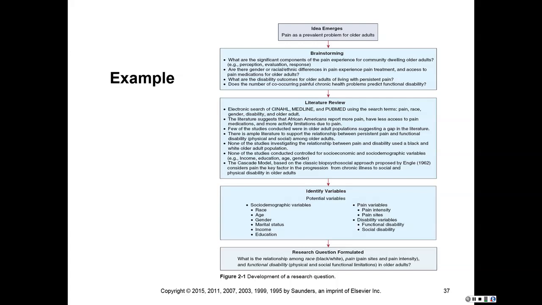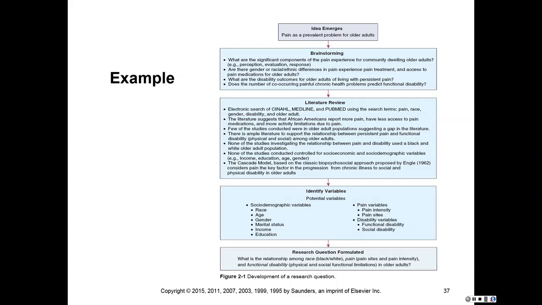There is an ample literature to support the relationship between persistent pain and functional disability. None of the studies investigating the relationship between pain and disability used a black and white older adult population. None of the studies conducted controlled for socioeconomic and sociodemographic variables. And the cascade model, based on the classic biopsychosocial approach, considers pain the key factor in the progression from chronic illness to social and physical disability.